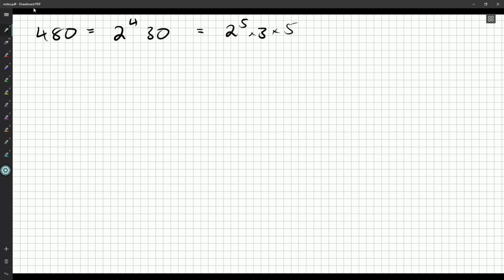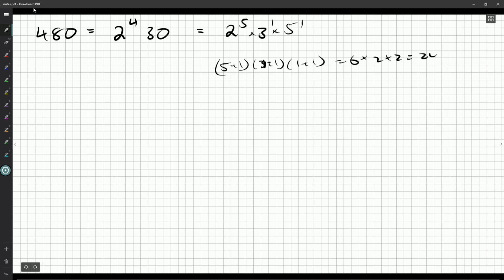Okay, so anything other than, I think, 1, 3, and 5 should do the trick. So there's 5 plus 1 times 3, 1 plus 1 times 1 plus 1, so that'd be 6 times 2 times 2, 24 factors.